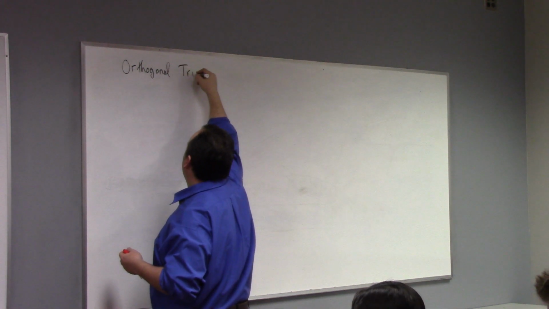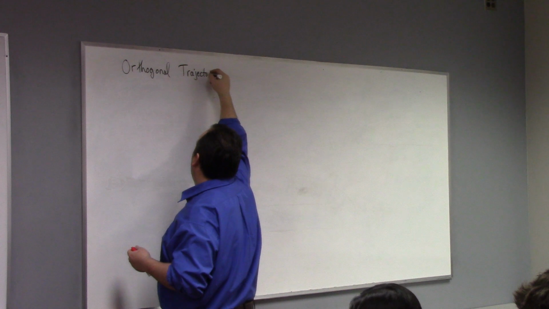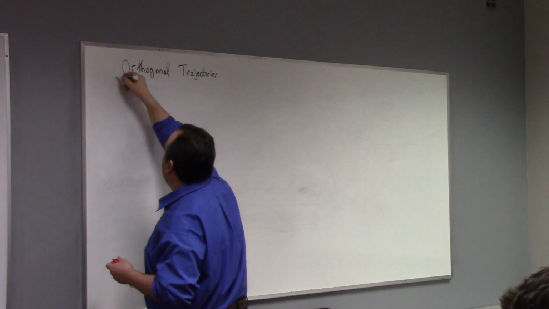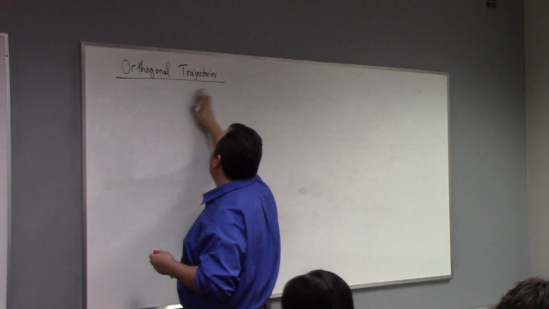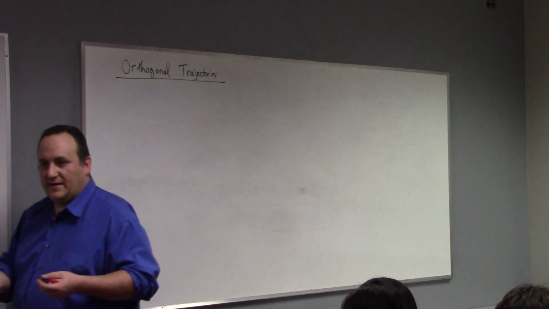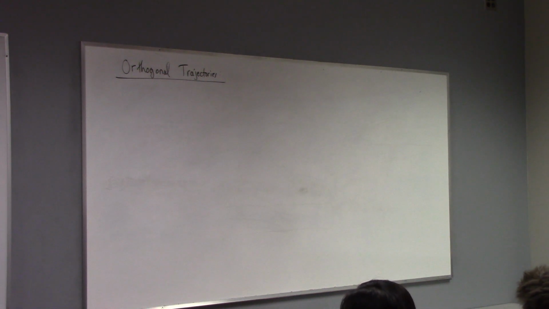This is a nice application of what we're doing right now. And we can find orthogonal trajectories just using the methods we have already, okay? So basically this is it.